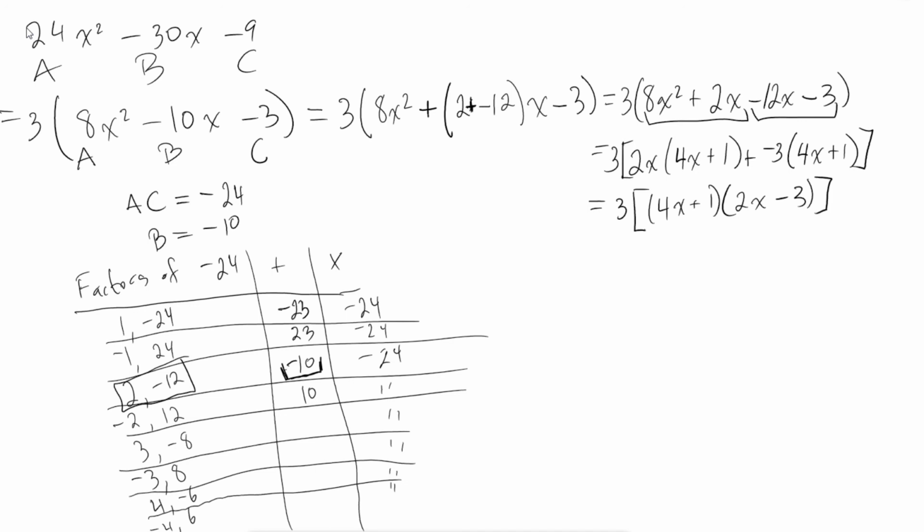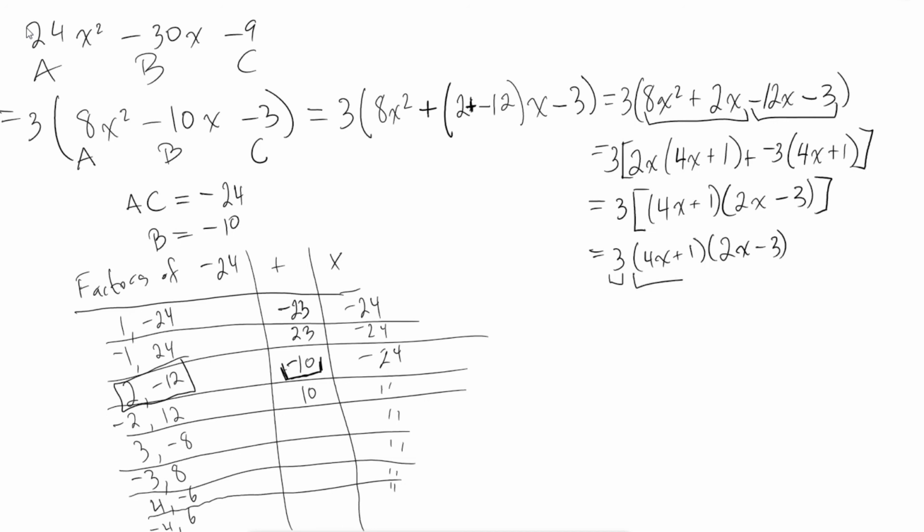I can drop my big brackets there. So that's 3, 4x plus 1, 2x minus 3.